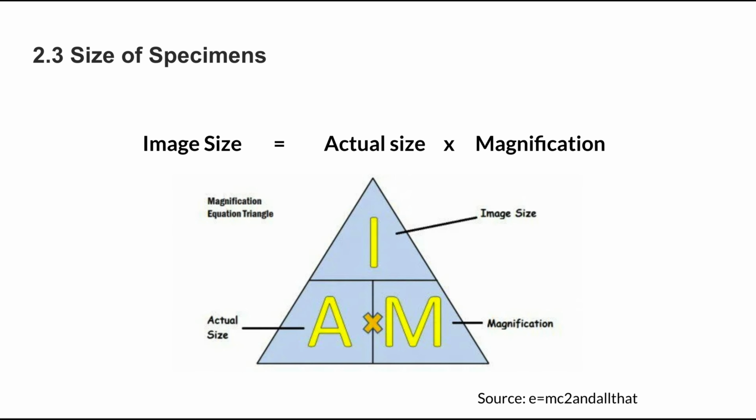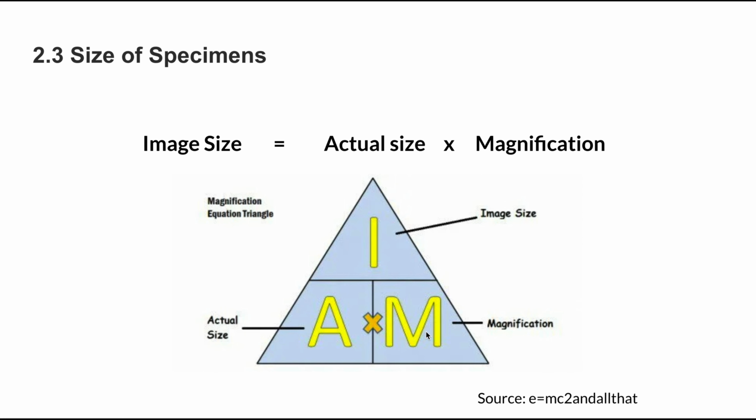Finally, we will cover size of specimens. Here we will learn how to calculate the magnification, the image size, or the actual size. For calculating magnification, you must memorize this IAM triangle pyramid here. As you see, the image size is a multiplication of actual size and magnification.